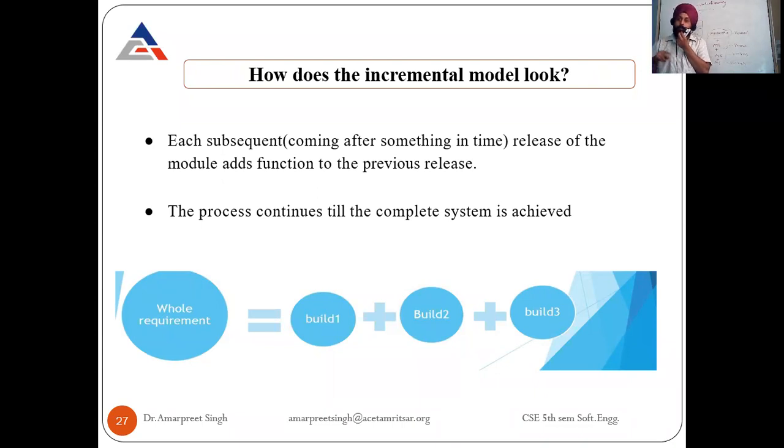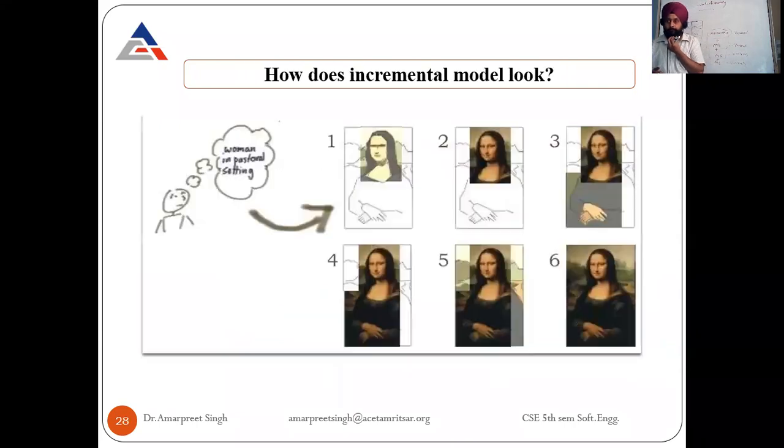And last, all the left features from the whole requirement pool are added in build 3 and they are added to build 1, build 2 and build 3. So this process continues until all the requirements present in the pool of requirements are incorporated into the final version. So this is the incremental model.